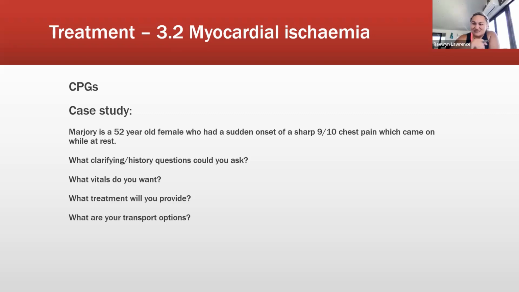Get your CPGs out, Julia. We'll just position her first, Dave. First positioning, feet up, lying down on the couch. We found her sitting on the couch, is that right? Yeah. So myocardial ischemia.